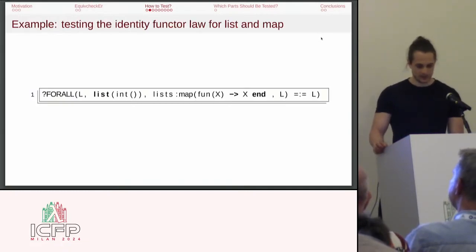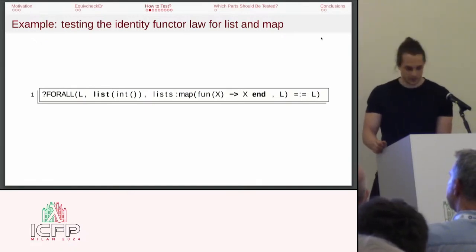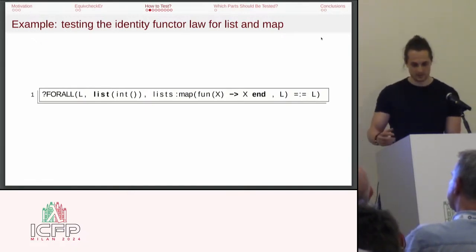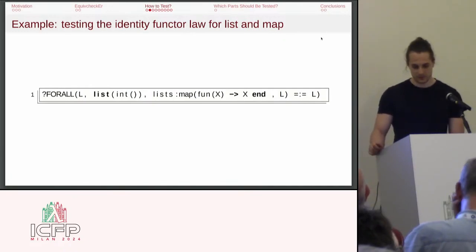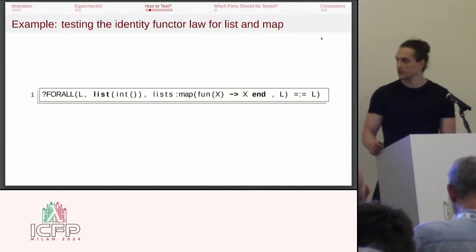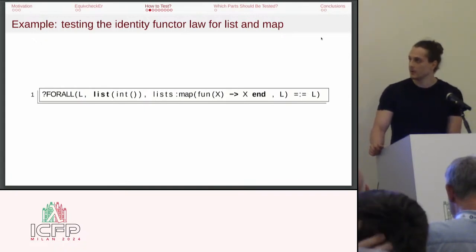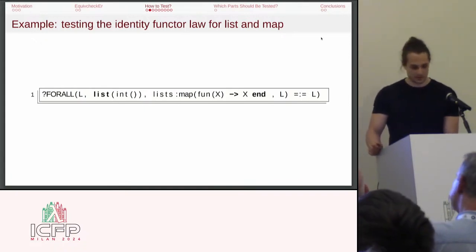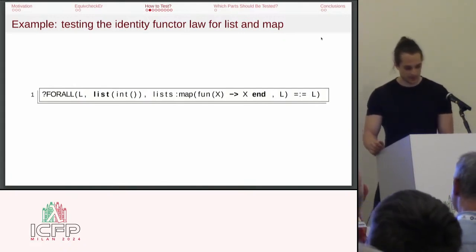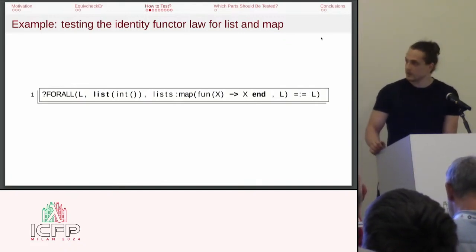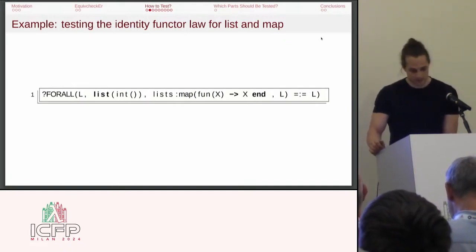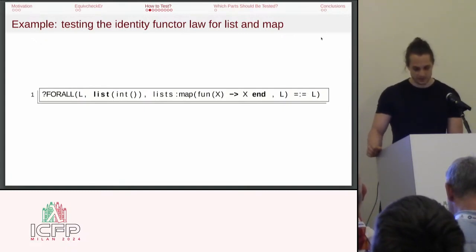So here you can see an example of a property like this. So this is for testing the functor law for the list data type, more specifically the identity functor law. And what you can see here is that it reads almost like a statement in predicate logic. So what we want is that for all L's, this L will contain the generated data.